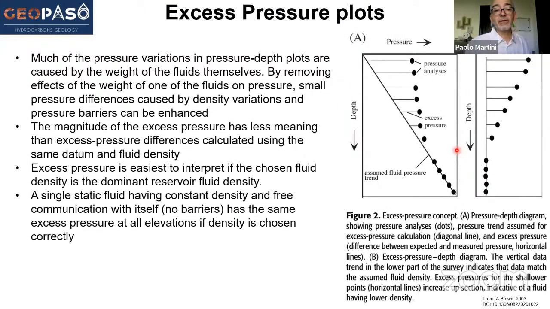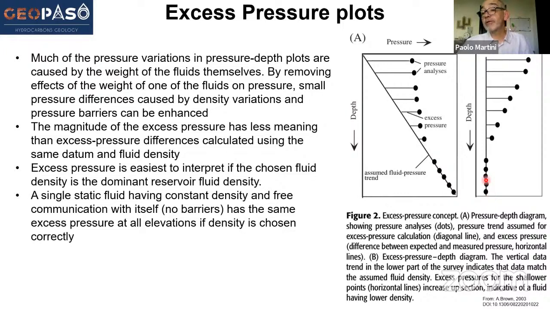The magnitude of the excess pressure has less meaning than the differences, calculated using a specific datum and fluid density. It's easiest to interpret if the fluid density chosen to calculate the excess pressure is the dominant reservoir fluid density. So in this case, for example, it's been done using the water. Let's say this is water and this is oil.